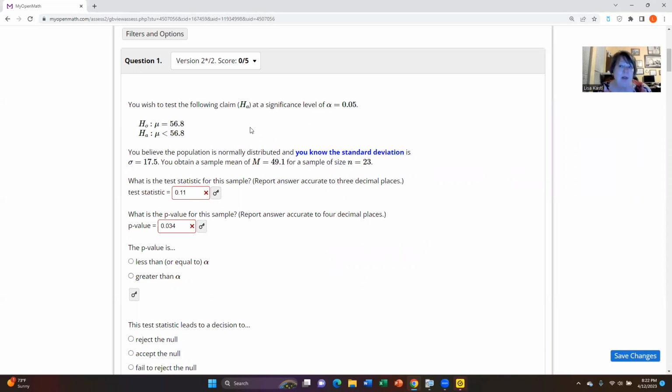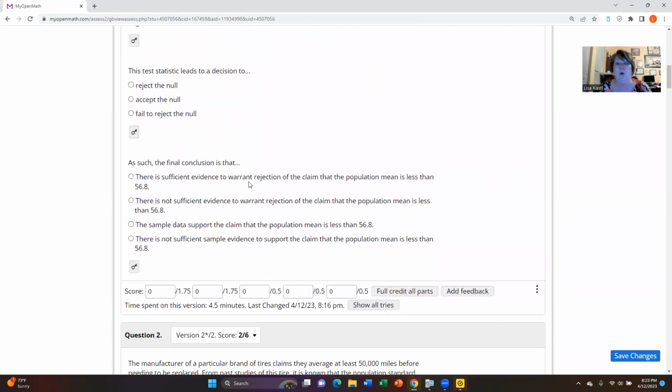The p-value is less than alpha. And the little mnemonic that we use is, if the p is low, the null must go. So if the p-value is less than your alpha, 0.05, which it is, 0.02 is less than 0.05, I reject the null hypothesis. So what's my conclusion?